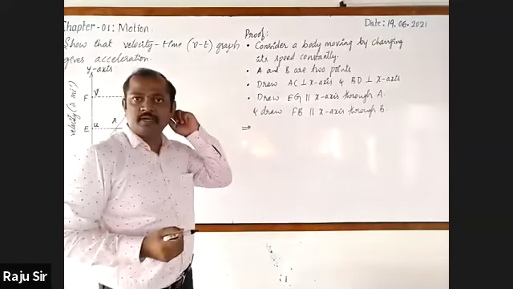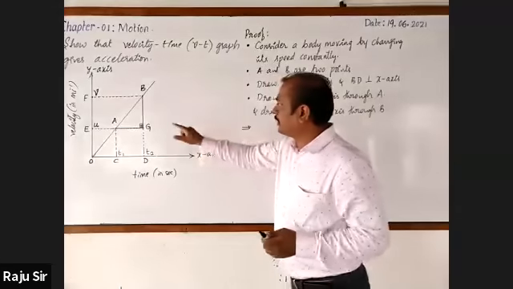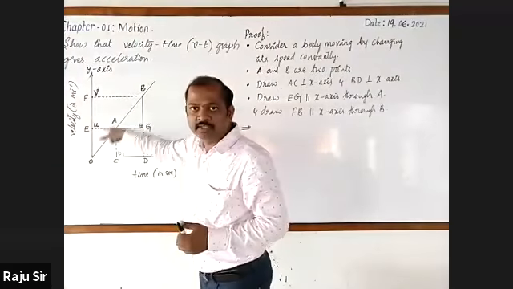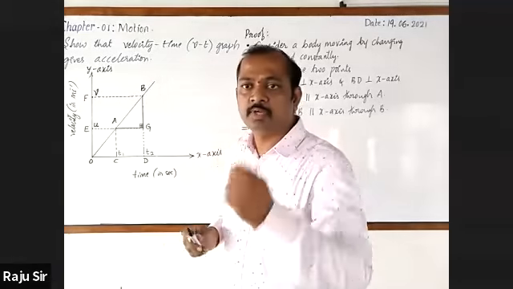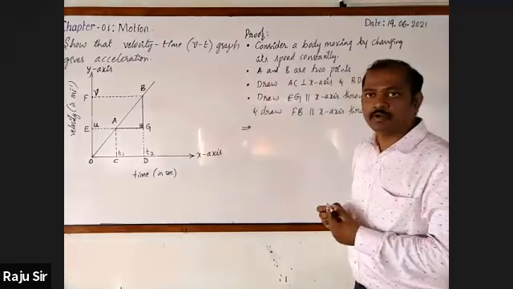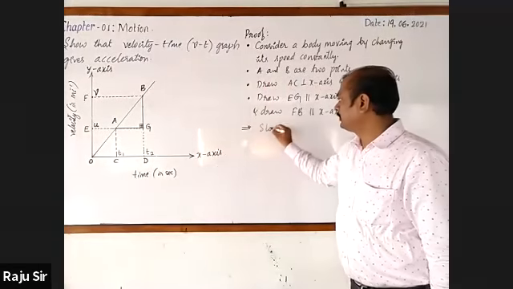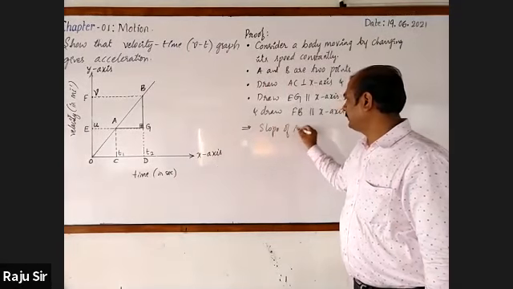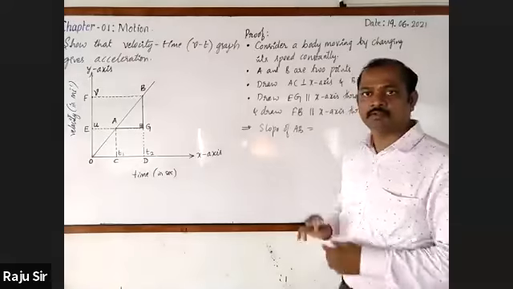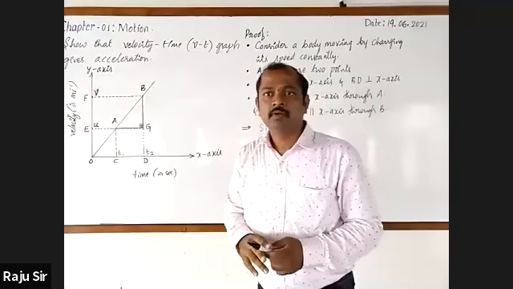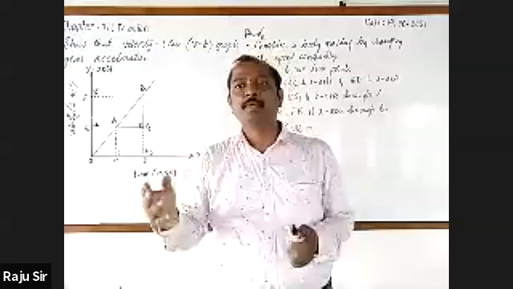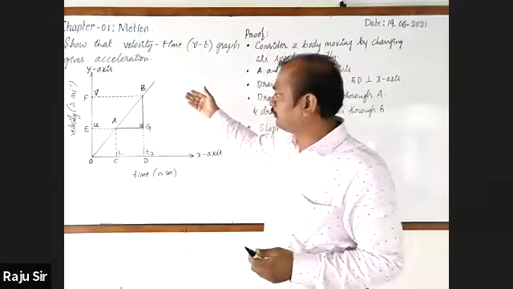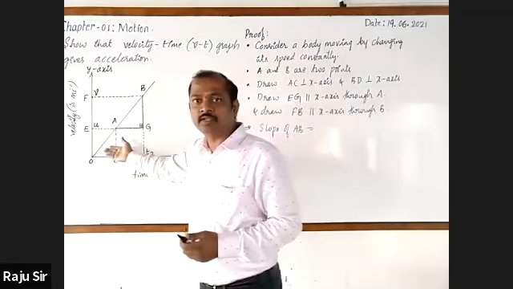Yes, students. Now let's go for taking the slope of AB in this graph. Amulya CK, tell how to find out the slope of AB. Slope is nothing but the ratio of vertical distance to the horizontal distance.